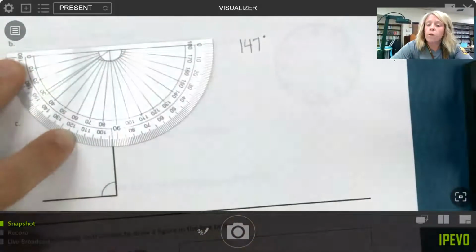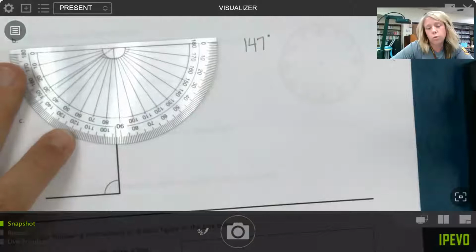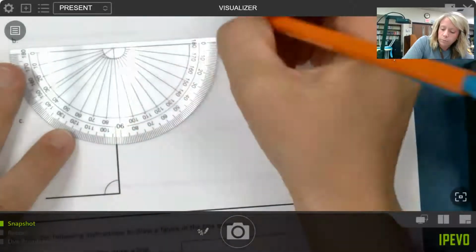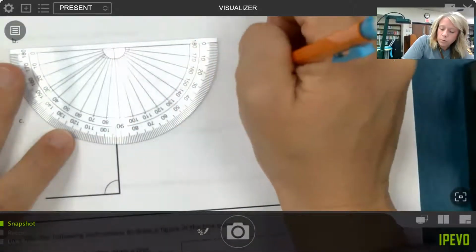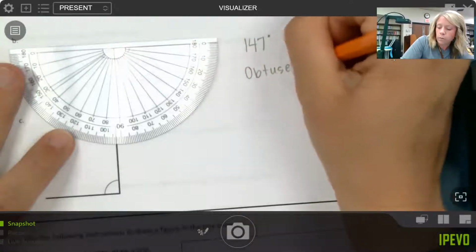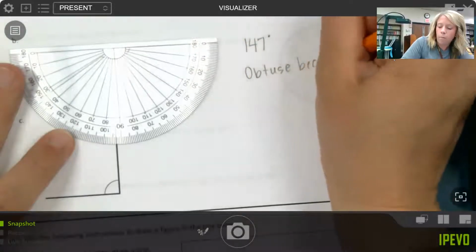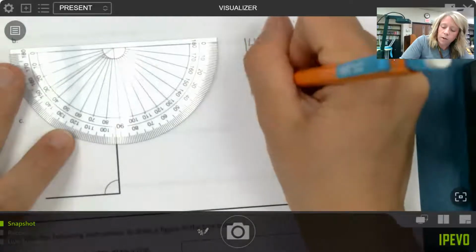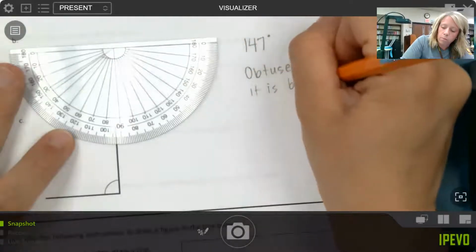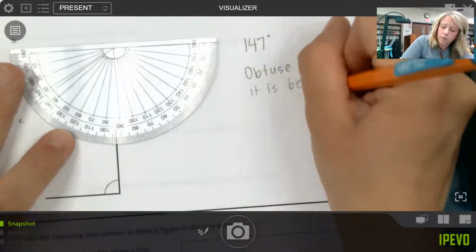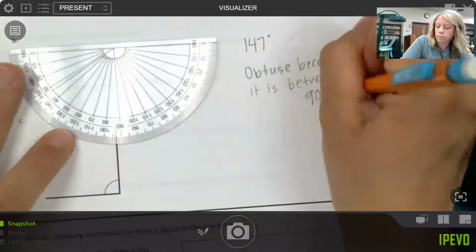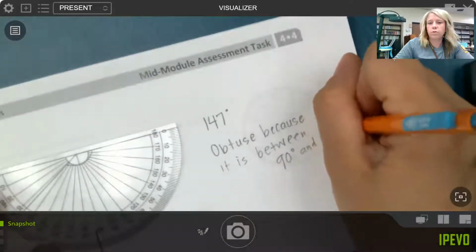So I would take 145, 146, 148, or 149. And this is obtuse because it is between 90 degrees and 180 degrees.